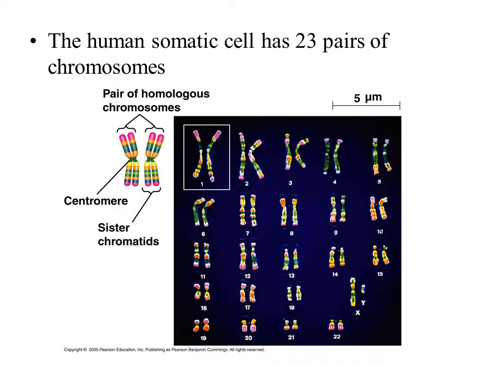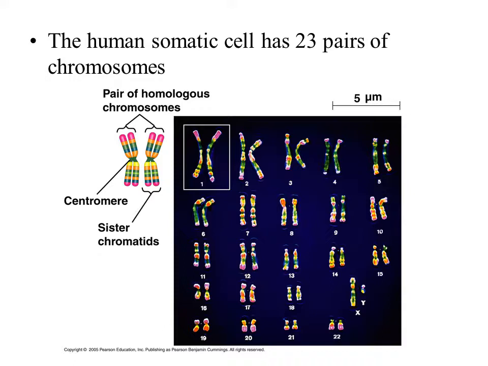The human somatic cell, also called the body cell, has 23 pairs of chromosomes. So a body cell is something like a bone cell. A body cell can be a liver cell. It can be a nerve cell.